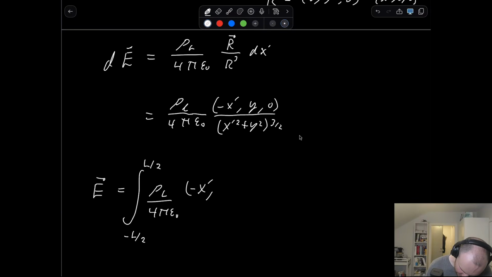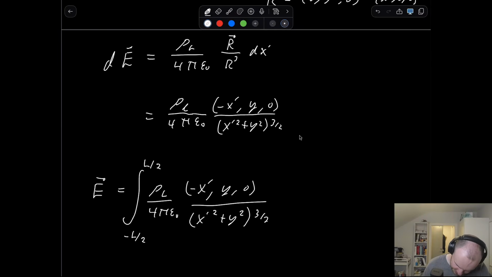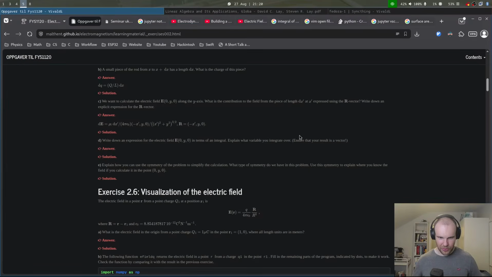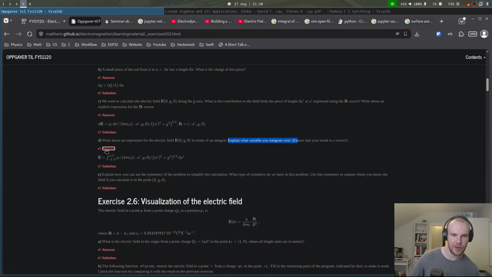There's nothing special at prime, y, 0, x prime squared plus y squared, and then 3 over 2, and then of course I need dx prime. I forgot the x there too, prime. Okay, pretty neat, very good. Yeah, that should be very much correct, as you see.